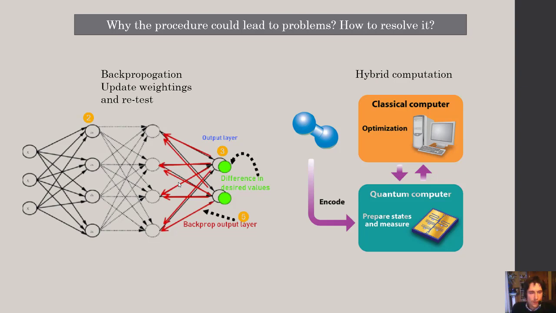This procedure is called backpropagation on the classical computer side, whereas it is called hybrid computation on the quantum computer side. In the first case, we optimize the parameters of the nodes, and in the second case, we optimize the rotational parameters of the qubits with classical computations on the classical computer.